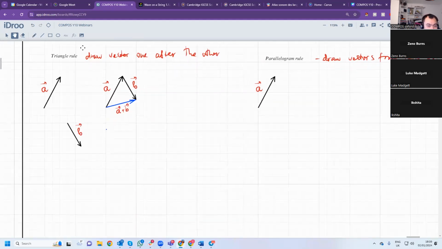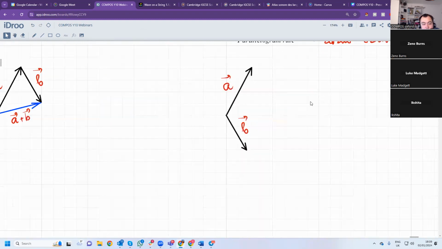So you draw the first vector, then you draw the second vector from the same point. That means like this. Then what you do is you complete a parallelogram.